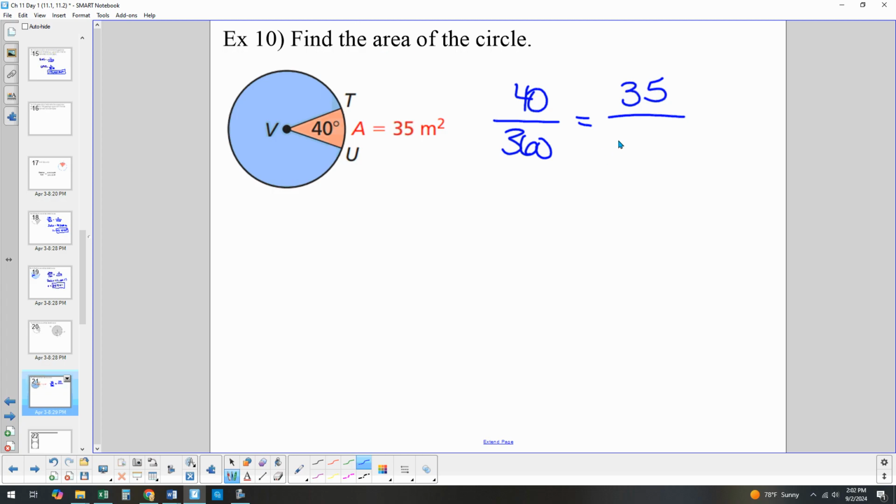Normally I would have done pi r squared here, but that would have me solving for r, when all I want to solve for is a, the area. So that's all I'm going to put down there. So we have 40a equals 360 times 35 is 12,600. And when we divide by 40, we get the area is 315, and let's include our units, meters squared.